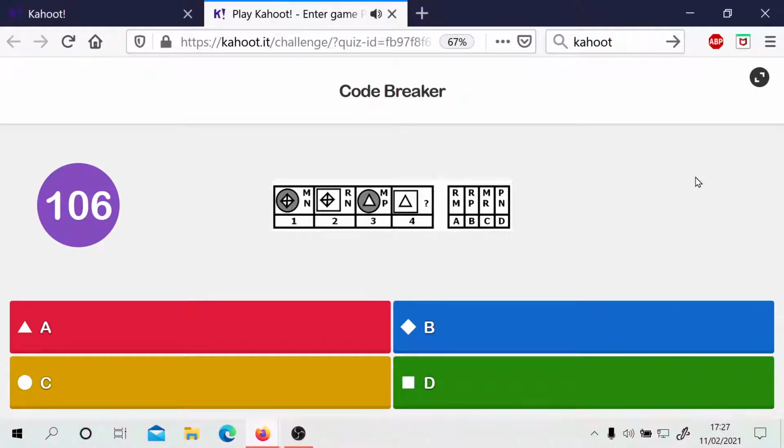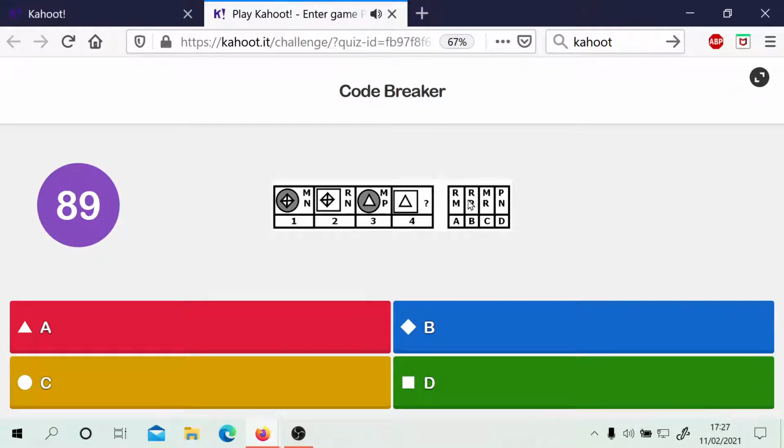Right. So MN, RN, MP. So that probably means that the filled circle, this area, means M, right? But that's not much use. Right, the filled circle means that. This is more like this.